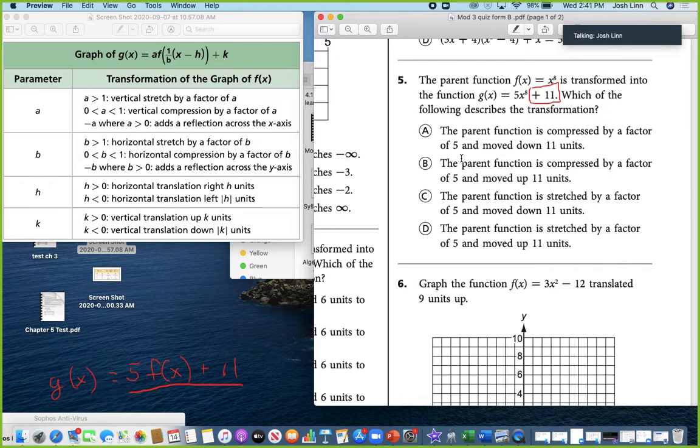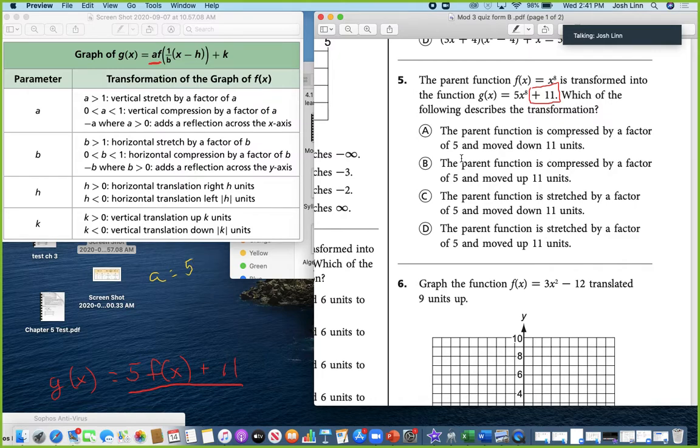This way might help you connect it better to our function up here. We've got a 5 out front, so that's going to be our a right there. In this case, our a is equal to 5.